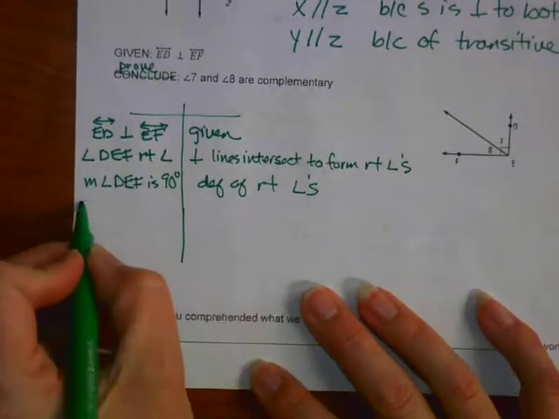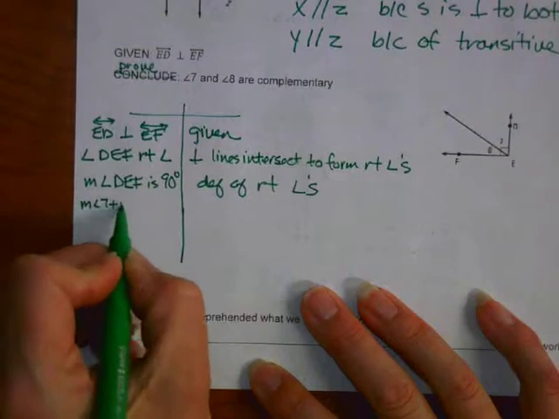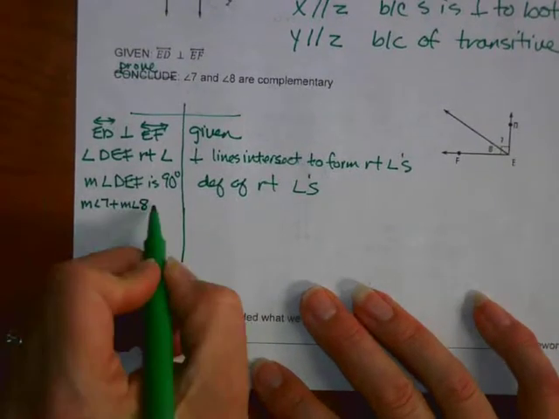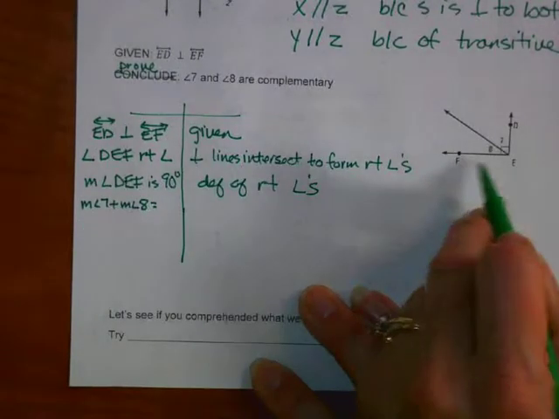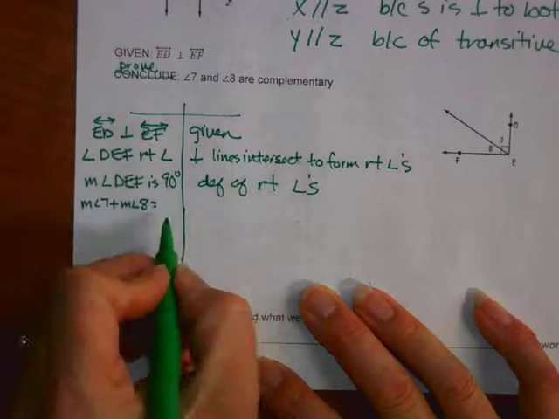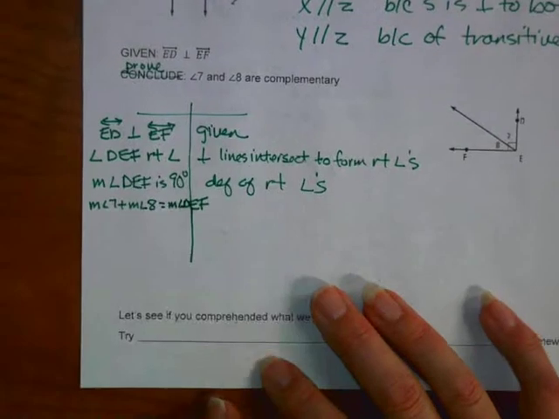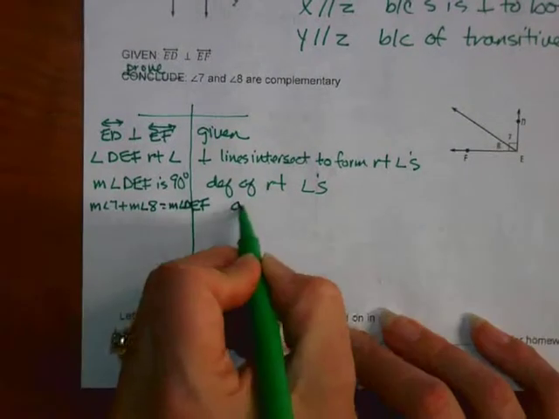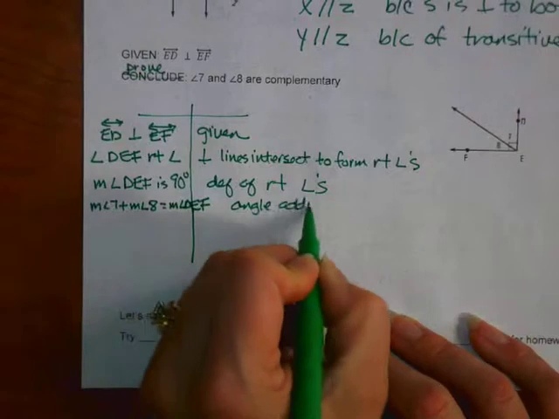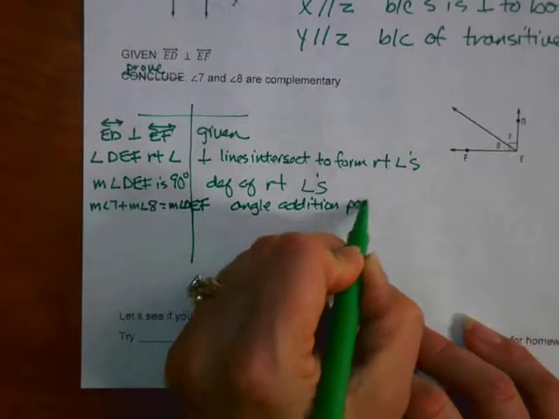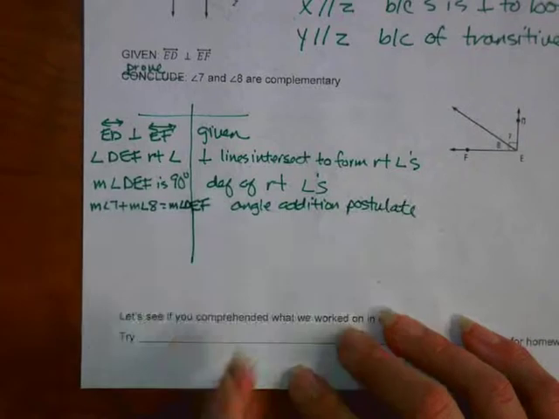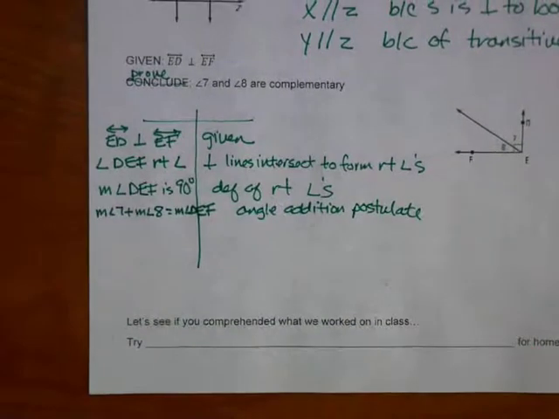Before I go there, I'm going to say the measure of angle 7 plus the measure of angle 8 equals the measure of angle DEF. If you add them together, they equal that because of the angle addition postulate. Then we're going with what Connor said. Now they add together to equal what measure? 90 degrees.